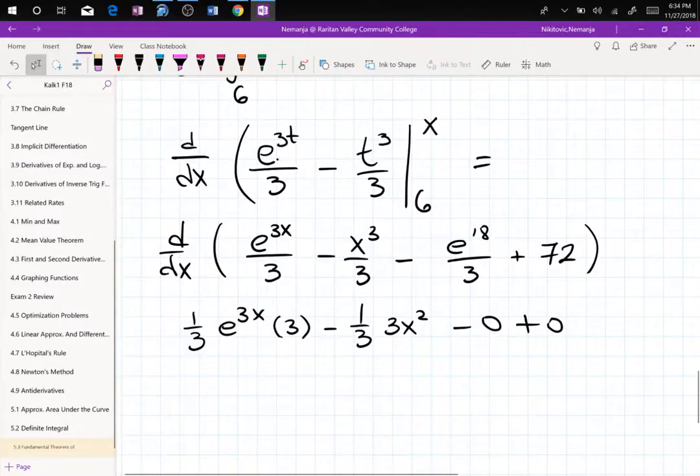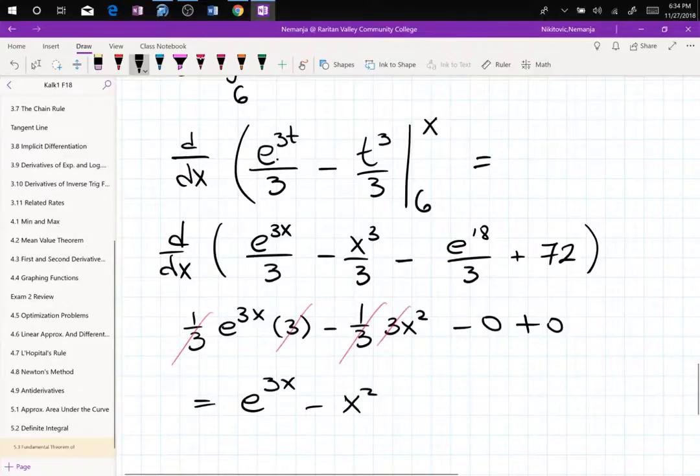So please don't write stuff. E to the 18 is just a number. There's no variable, so the derivative of it is 0. 1/3 will cancel the 3, and 1/3 will cancel the 3, giving you exactly what you wanted to see, and that's e to the 3x minus x squared.